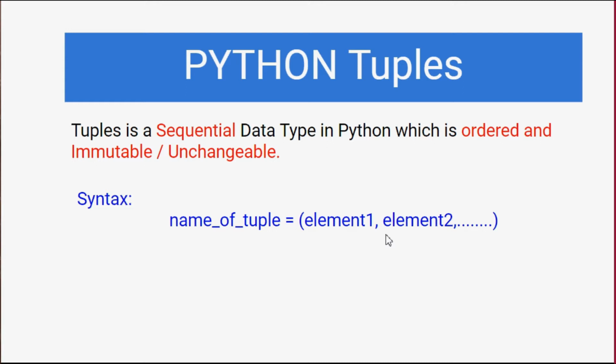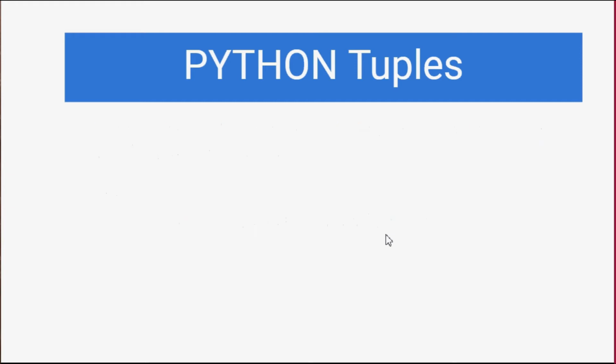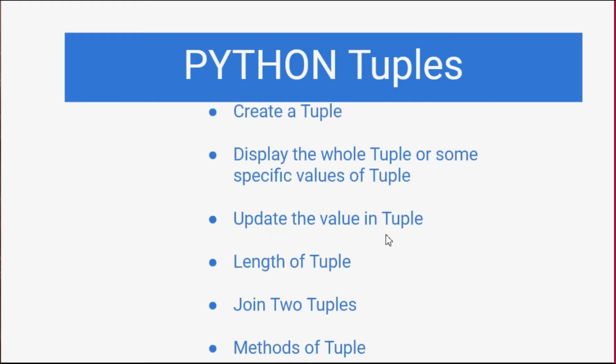Okay, now let's have a brief look at the topics that we are going to discuss under tuples. First of all, we will discuss how we can create a tuple. Then we are going to display the tuple, the whole tuple or some specific values inside the tuple. Then we are going to update the value, and we'll see that since it is immutable, my interpreter won't allow me to update the value.